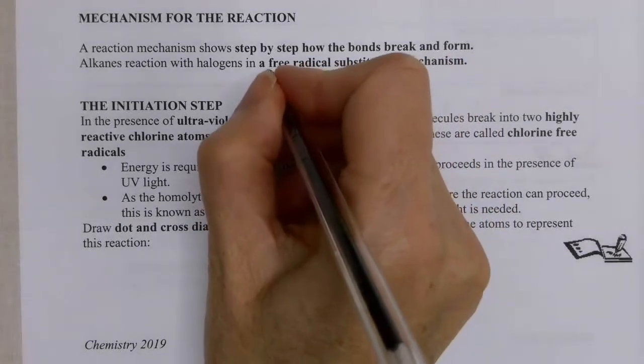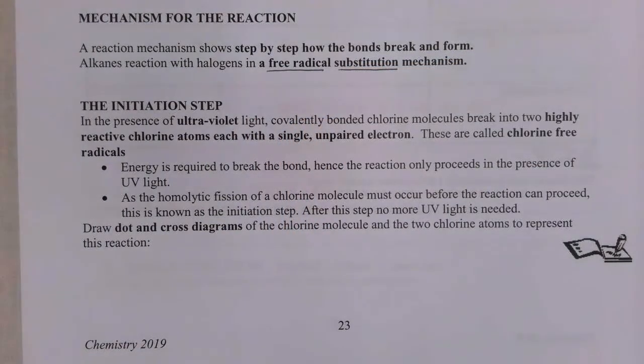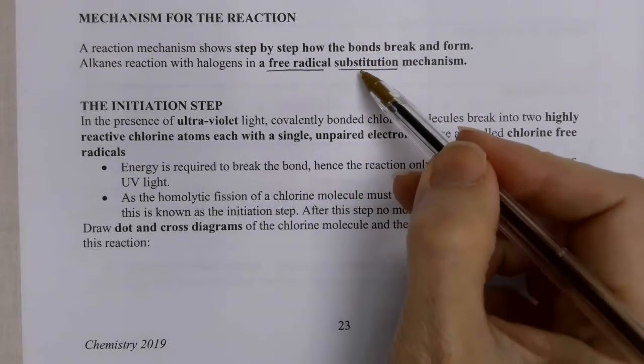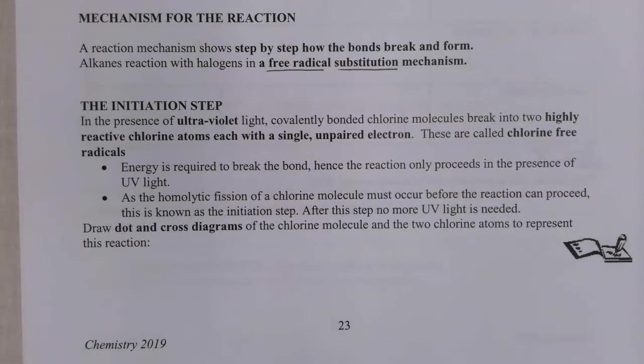Now you need to know that this is a free radical substitution mechanism. So the type of mechanism, it's a substitution, and it's using a free radical to do that reaction. So the first step of this reaction is called the initiation step, and this is why we need the UV light.